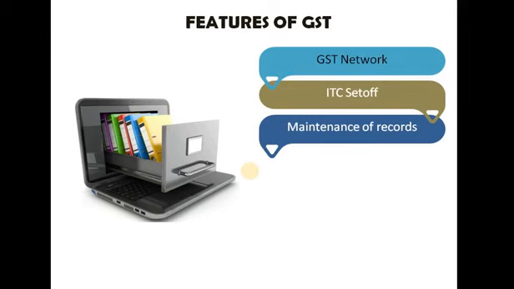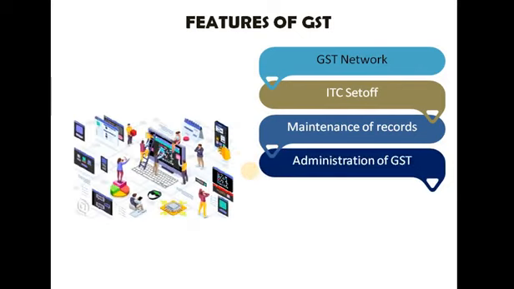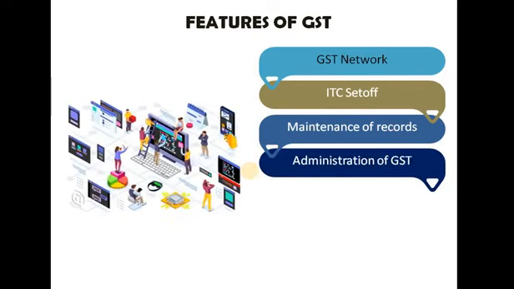Without clear information, we will not get any benefits from the GST. The various benefits available under the Act will not be available without proper maintenance of records. So it is very important for any dealer or manufacturer to maintain the records. It can be the invoice or the bill, so that if any refund is required, by producing the records you can get the benefits under the GST Act.